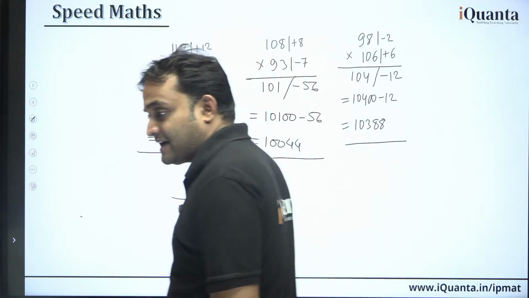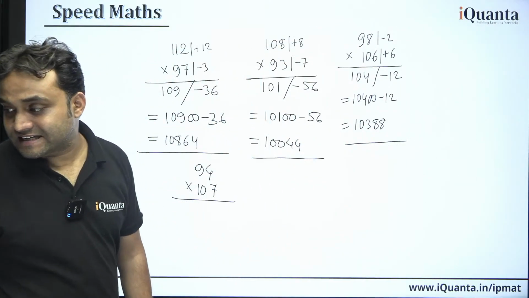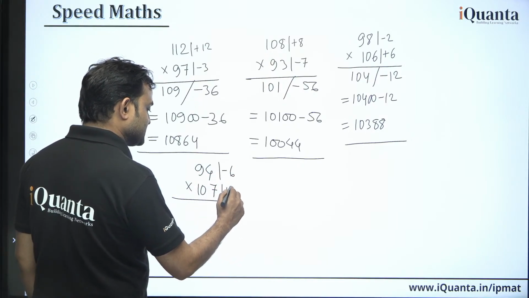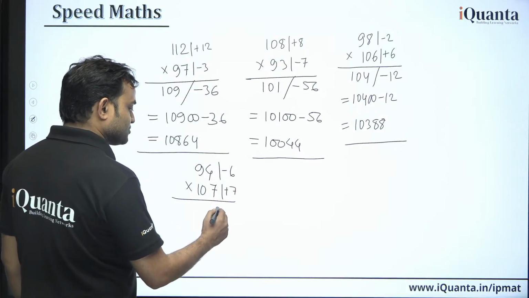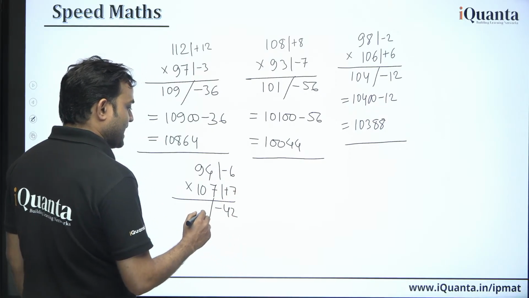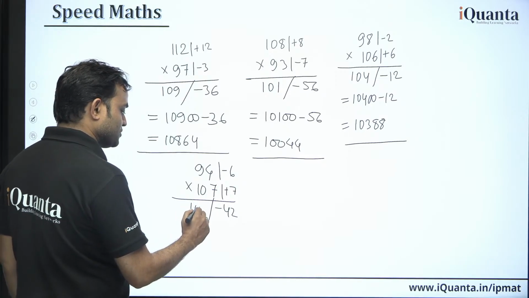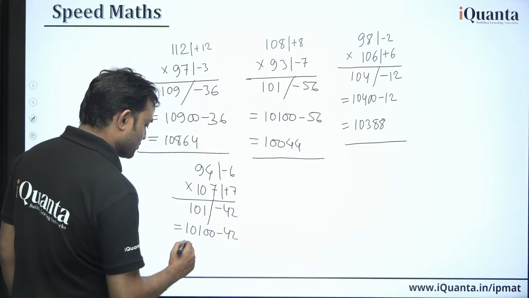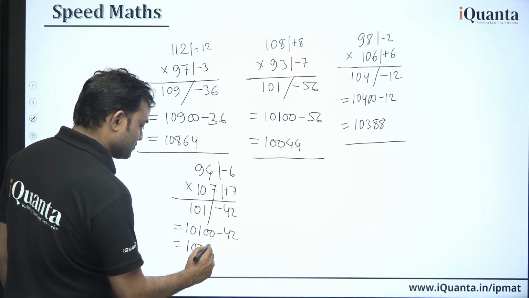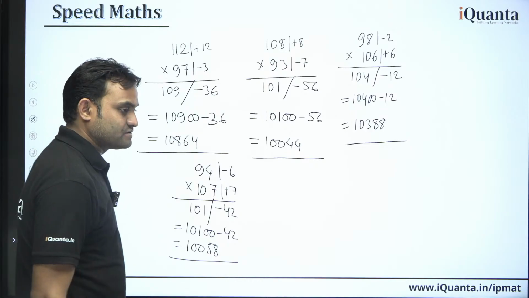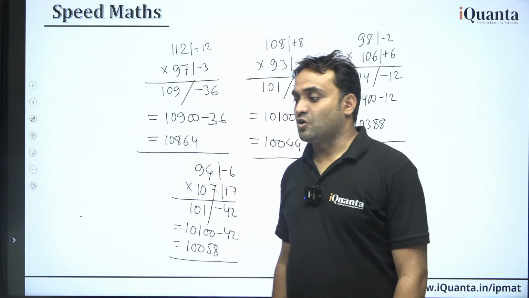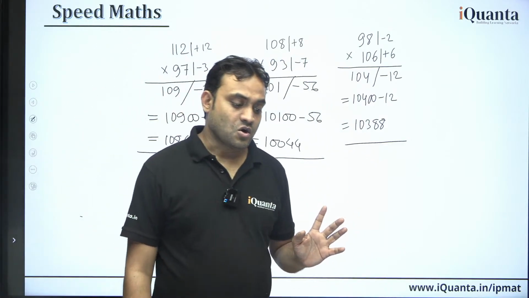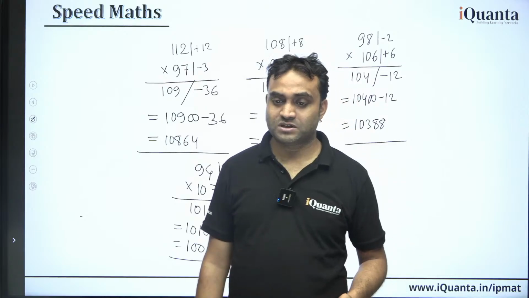So, do we have any answer? 10058. Yes, that is absolutely correct. The surplus is minus 6 here, the surplus is plus 7 here. Minus 6 into 7 is minus 42, and 100 minus 6 plus 7 is 101. So, this will be 10100 minus 42, which is equal to 10058.